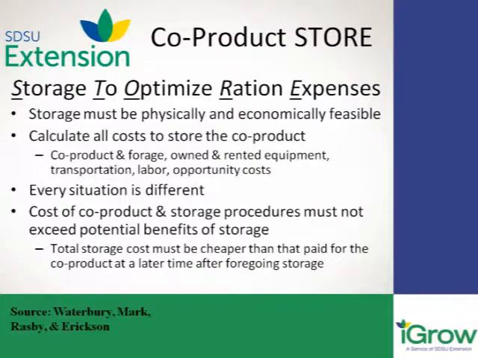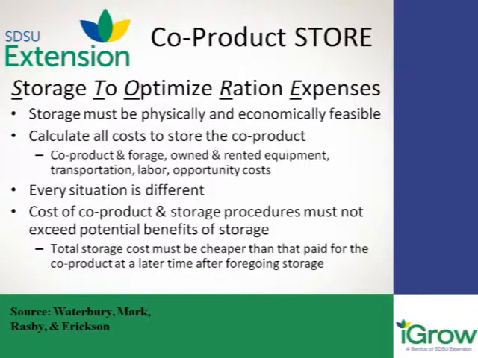Another spreadsheet that's available to help you make decisions relative to storing co-products and taking advantage of that seasonal marketing trend, the cheapest prices in the summertime, is a spreadsheet called Store, again available on the beef website at the University of Nebraska-Lincoln, beef.unl.edu, to try to look at whether or not it's physically and economically feasible to purchase co-products and spend some money by ensiling them or bagging them to feed at a later date.